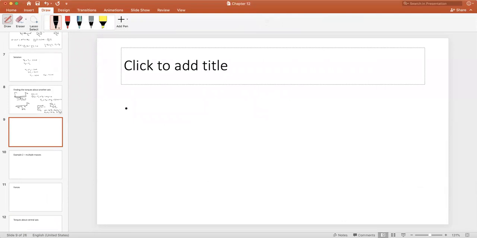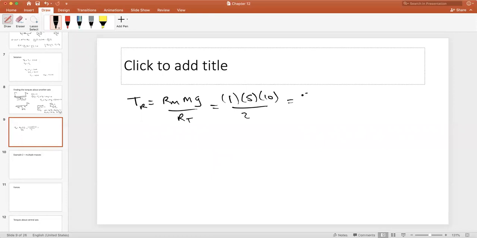And so we get that the tension on the right was equal to r to the mass times m times g over r to the tension. Remember that this was 1 meter. This was 5 kilograms. We're going to assume g is 10. And r to the tension was 2 meters. Therefore, we get 50 over 2, or 25 newtons.